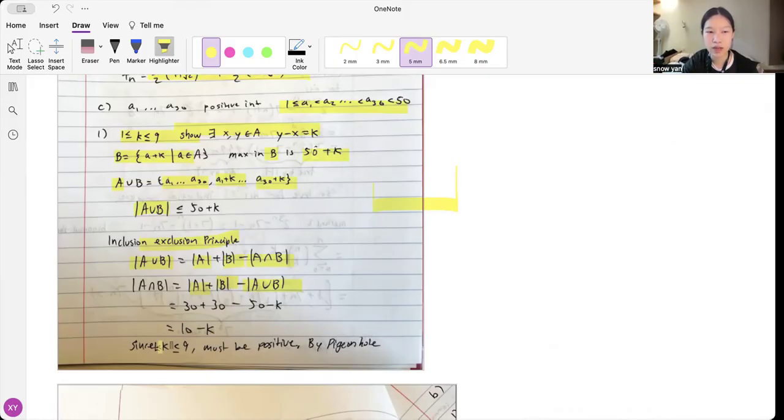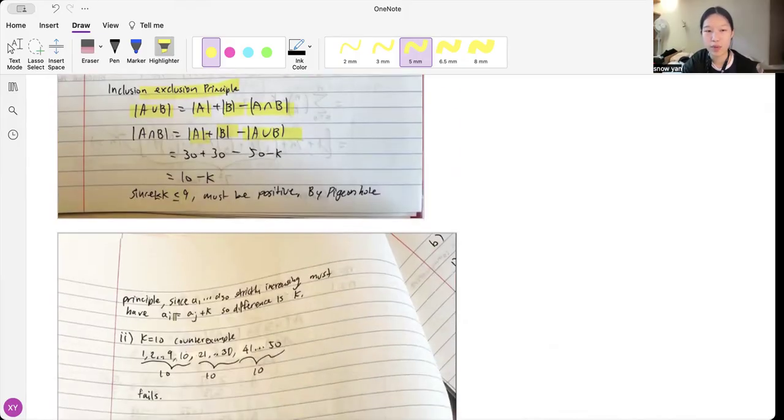But since my k is only from 1 to 9, this means that the intersection of A and B must be positive. So by the pigeonhole principle, since the elements are strictly increasing, there are no repeats, they're distinct. We must have ai equals aj plus k. So the difference is k. So that's where we get the pigeonhole, right?